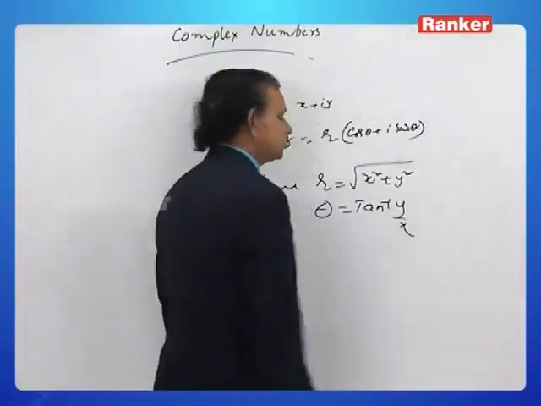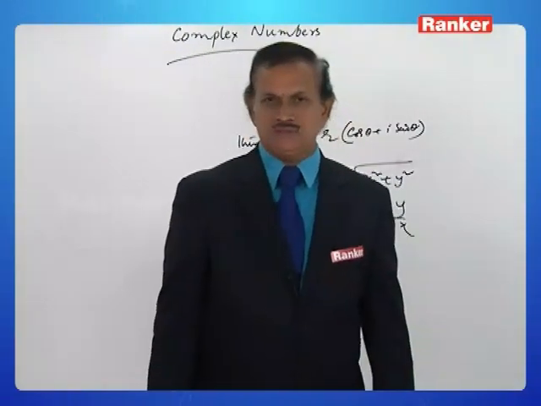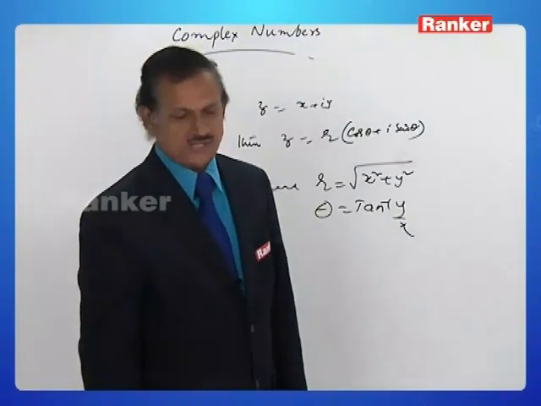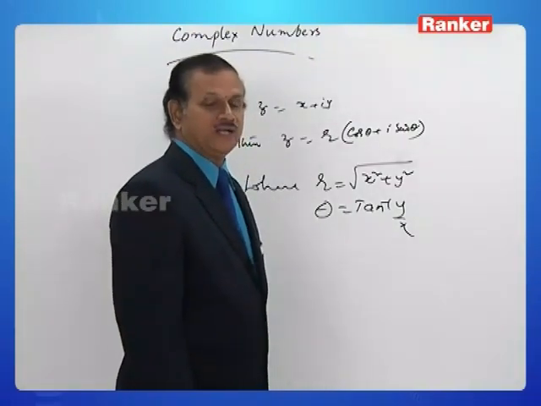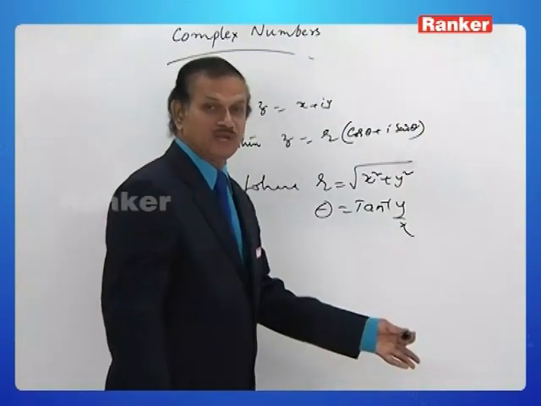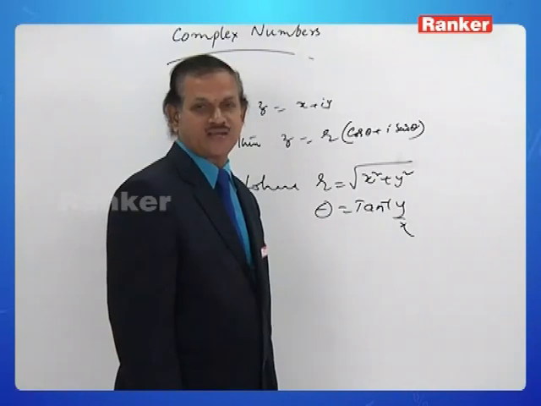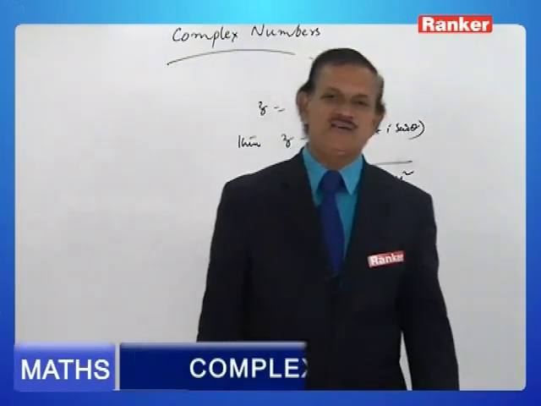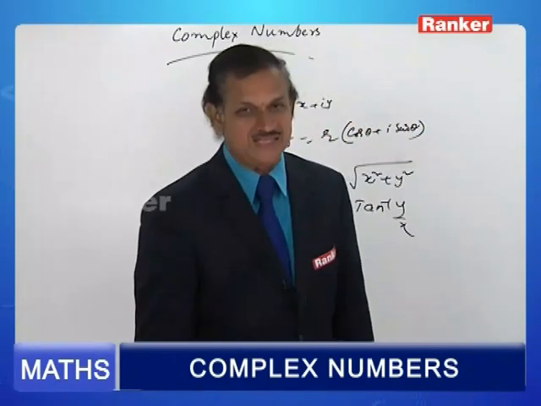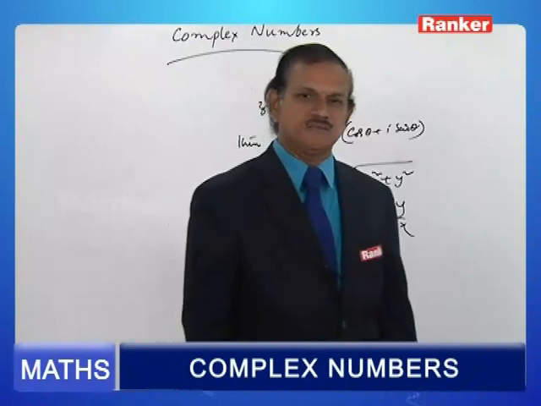Of course, this value depends on the quadrant in which z lies. That's very important. For both 1 plus i and minus 1 minus i, we get the same tan inverse y by x, that is tan inverse 1. But the proper decision is to be taken by noticing the quadrant in which the point corresponding to the complex number z lies. According to that only, we decide.